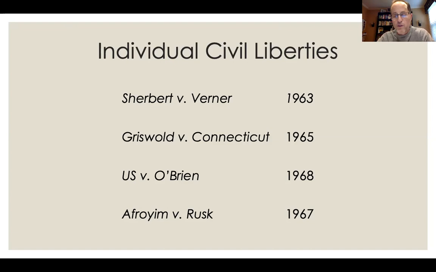The case of Griswold we discussed a number of times. The case of Griswold deals with Griswold, the executive director of Planned Parenthood in Connecticut. Now, Planned Parenthood and the state of Connecticut, interesting combination here. The state of Connecticut was one of only 2 states that prohibited the use of contraception.